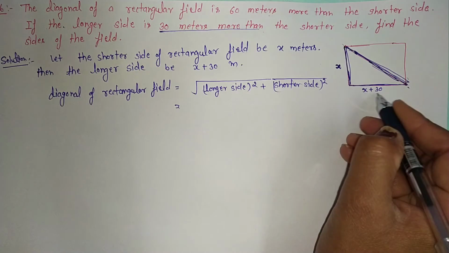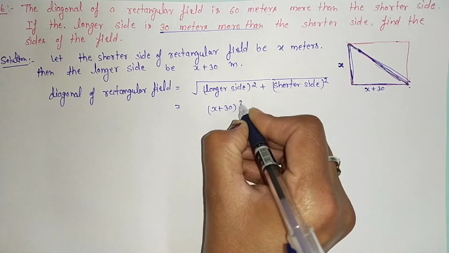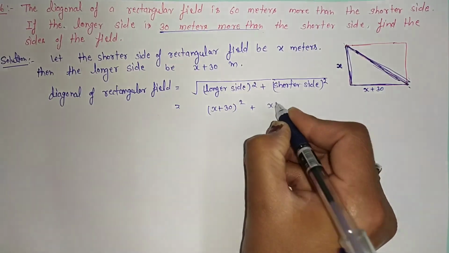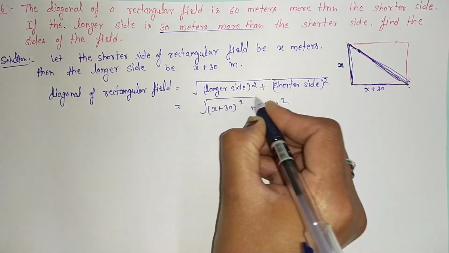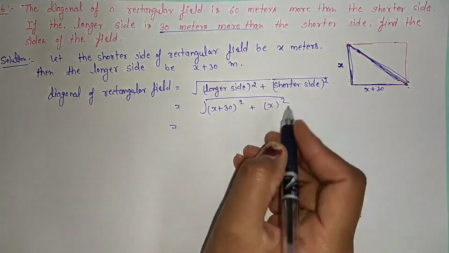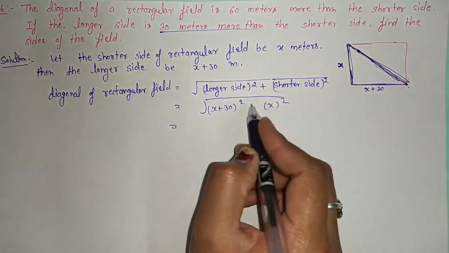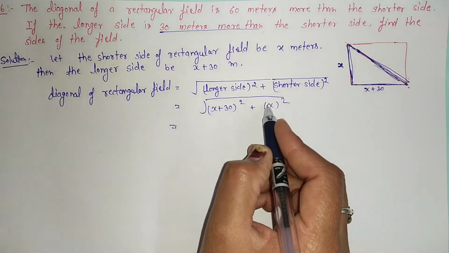The longer side is x plus 30, so square of x plus 30, plus the shorter side, that is x square, all under the square root. This is the length of the diagonal.